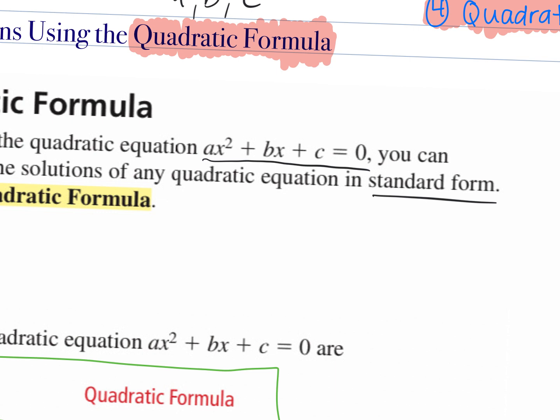So when you have quadratic equations written in this form, you can use what's called the quadratic formula to find the answers. Now, the quadratic formula makes everything convenient, but it is a long and kind of hard to remember formula.